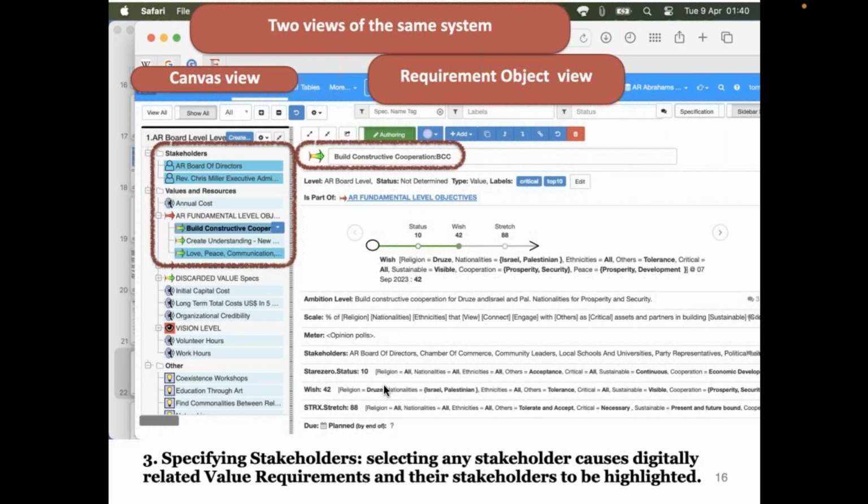And by clicking any one line here, like if you click the scale line, you're going to get a whole page of detail about that scale of measure. So the digital system ValPlan makes it easy to navigate a complex configuration, to discuss it or change it or do anything you want.